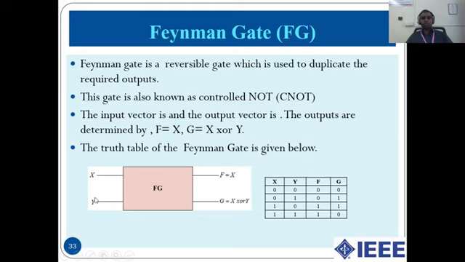The input vectors are x and y, and the output vectors are x and x XOR y. The truth table for this reversible gate is given as x, y and the outputs. As I said, it is a 2 input 2 output controlled NOT gate with the inputs having 4 combinations from 0 0 to 1 1 with the corresponding outputs to be 0 0 and 1 0.